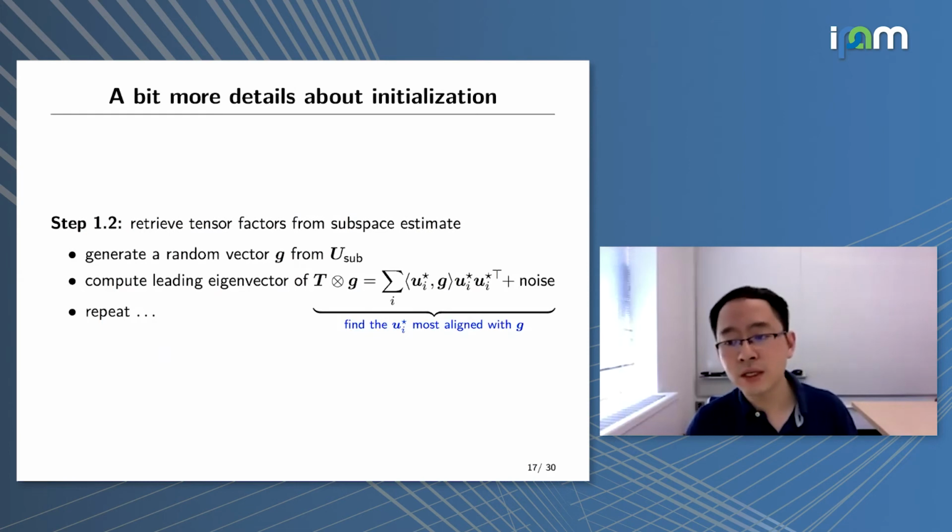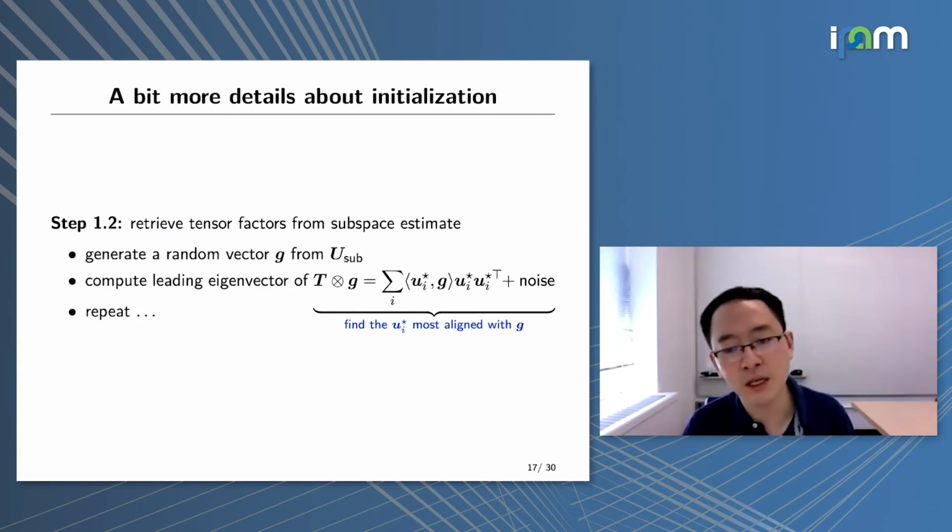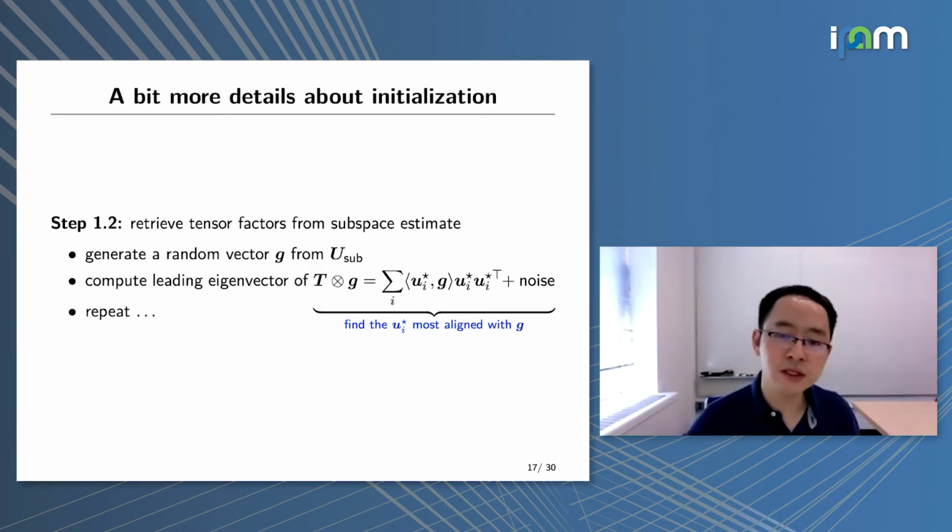The way we do it is that after we get this tensor subspace estimate, the first thing we do is generate a random vector g from this subspace. We already know it lies within the subspace, but we generate some random vector from it. And then we project our tensor along this random direction. It turns out that with high probability, there will always be one direction that stands out from this projected version of the matrix.